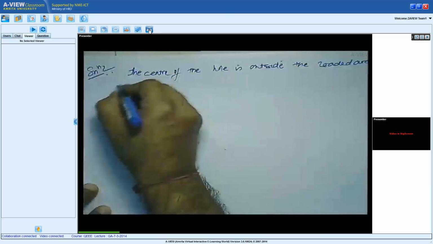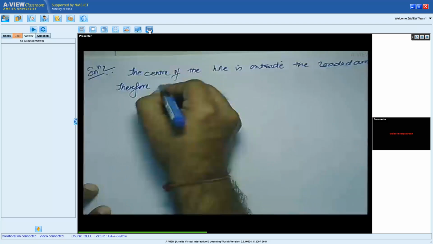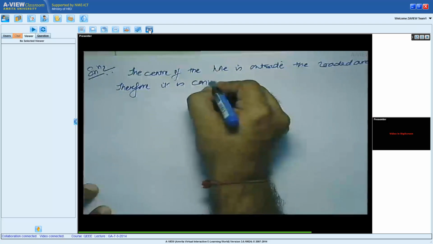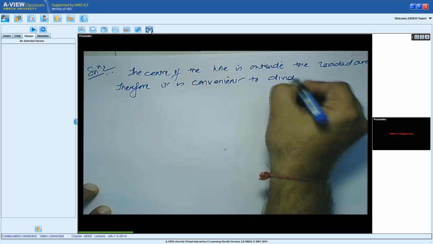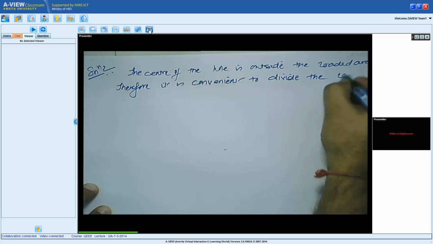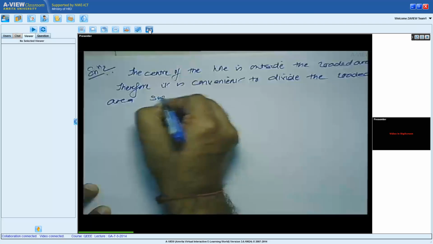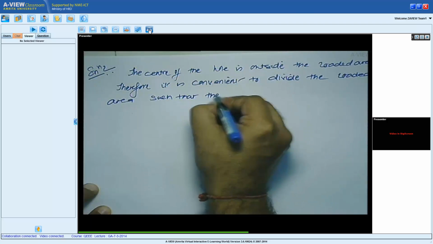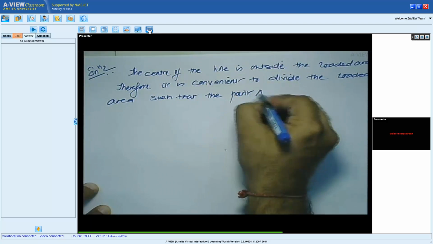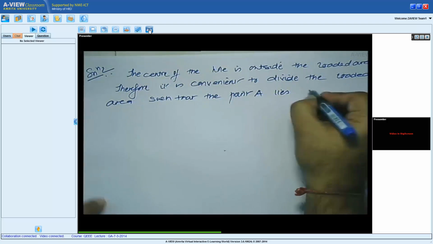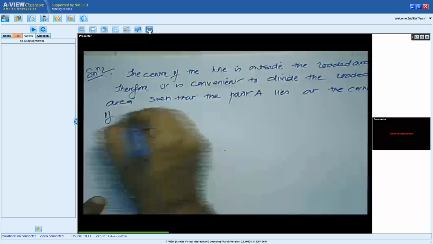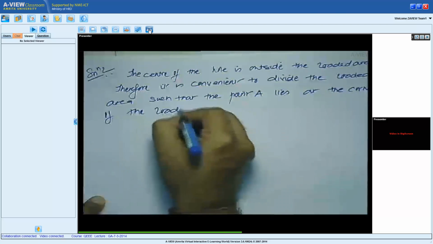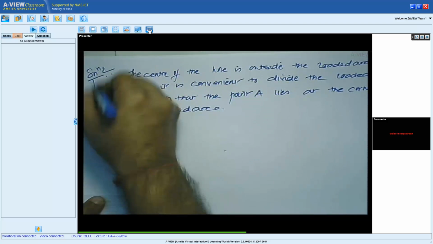Therefore, it is convenient to divide the loaded area such that the point A lies at the corner of the loaded area. That's one.